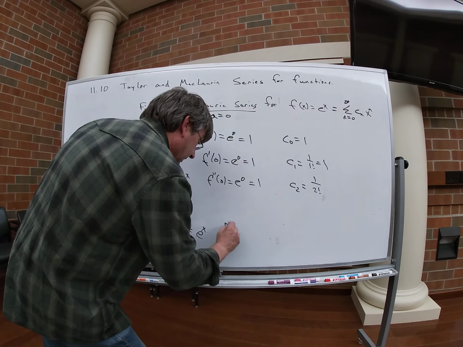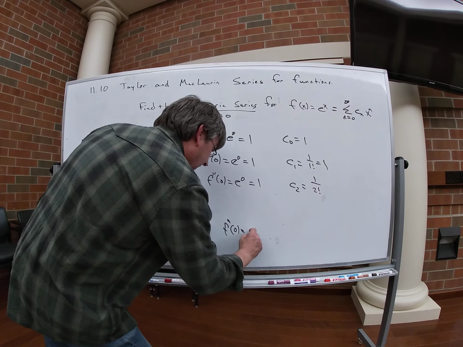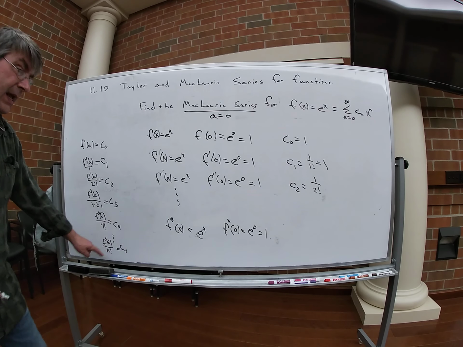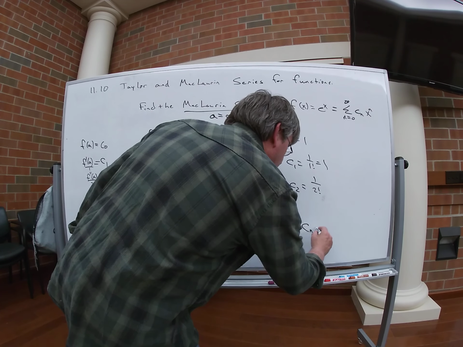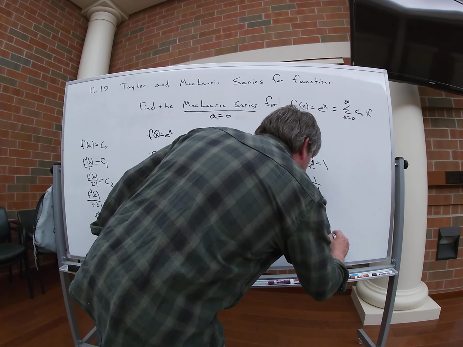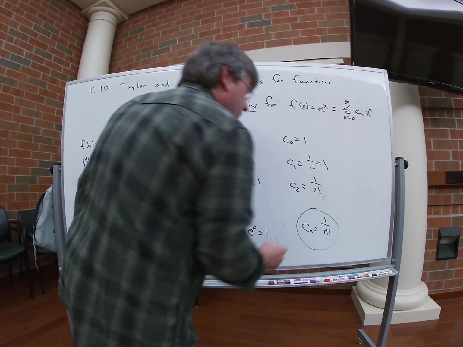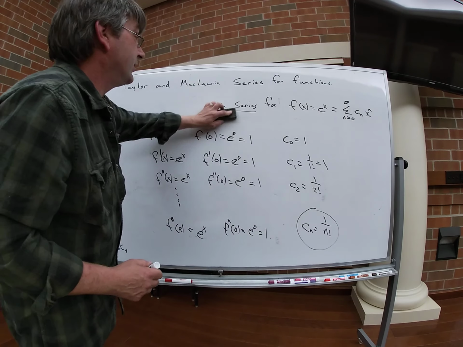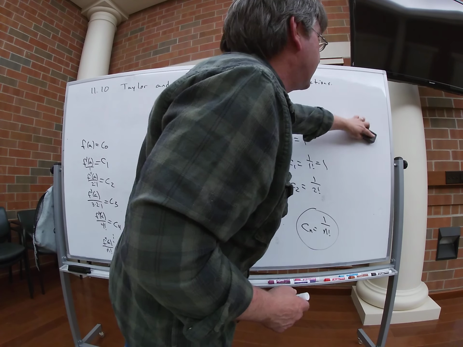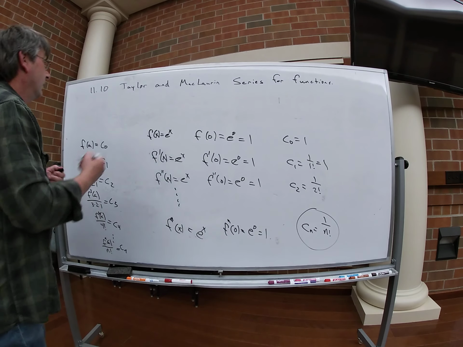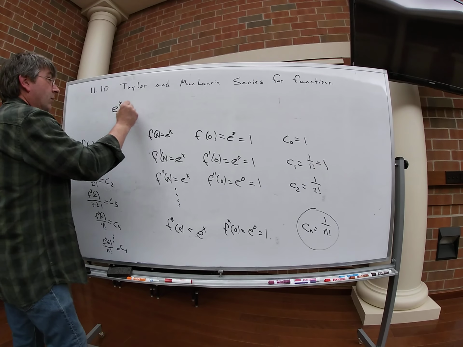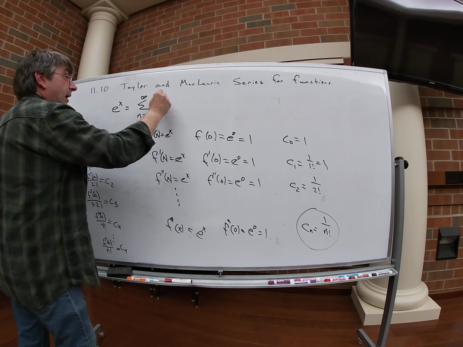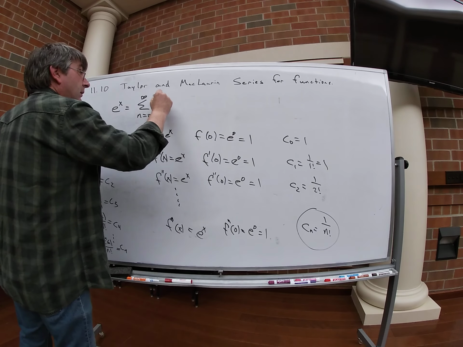So the nth derivative at 0 is e to the 0 is 1. So that's my numerator. My cn then is going to be 1 over n factorial. There are my general coefficients. Okay. So a Maclaurin series for f of x equal e to the x. That's my coefficient. So e to the x equals the sum n equals 0 to infinity x to the n over n factorial. Okay.